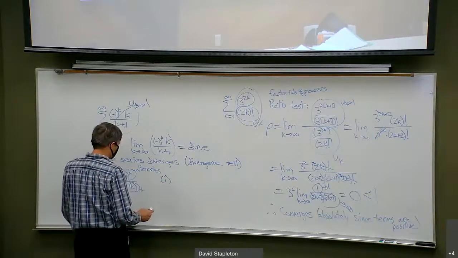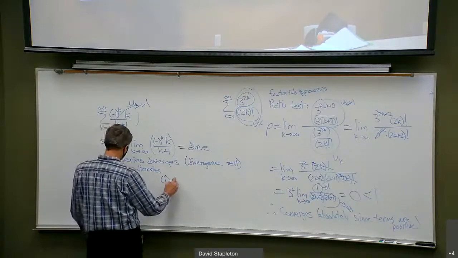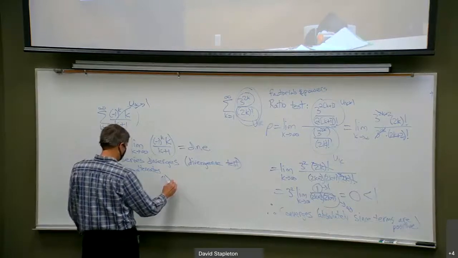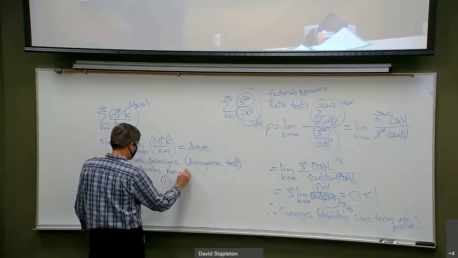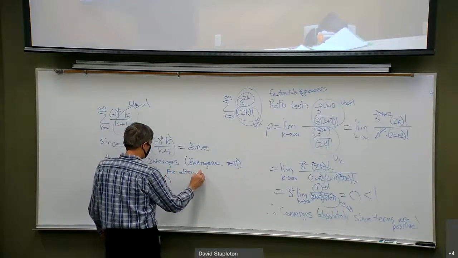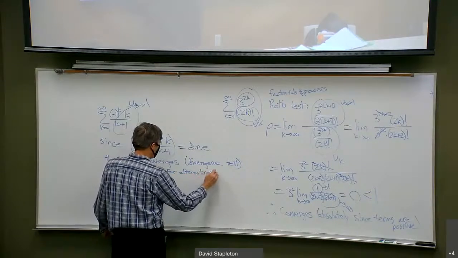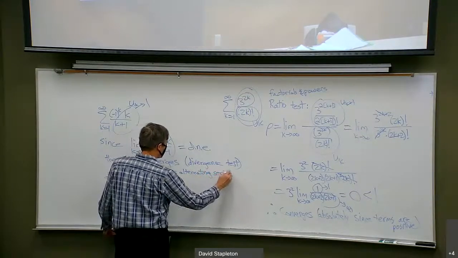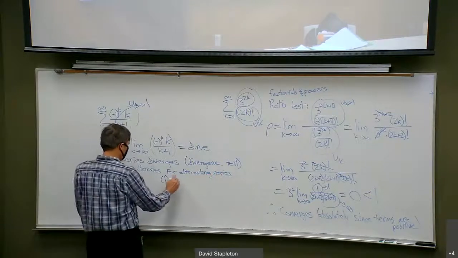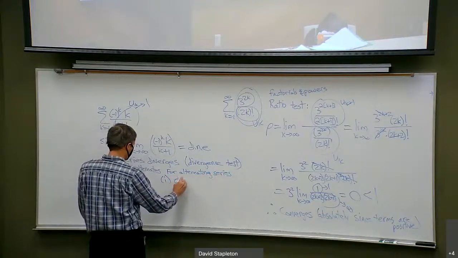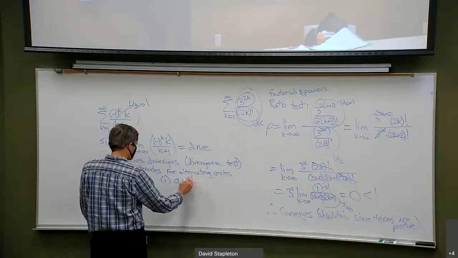All you have to do is this. Show that the terms alternate in sign. You look at the absolute values of the terms. a_k, the absolute value of the kth term, is 1 over ln k.